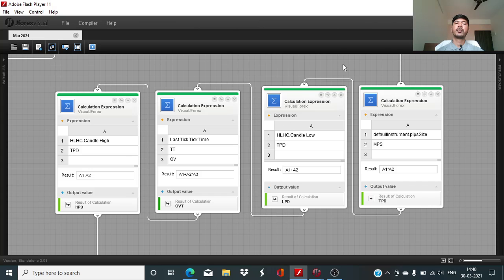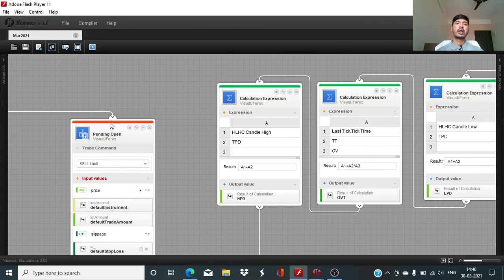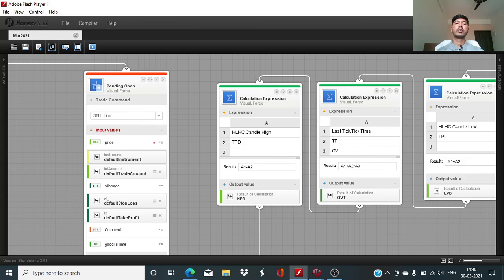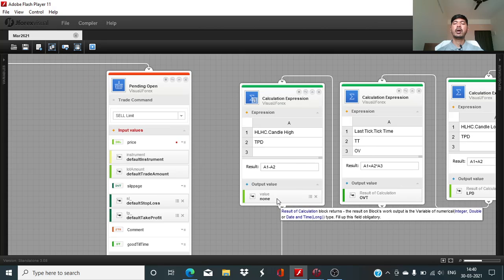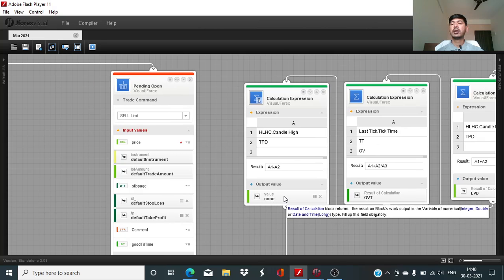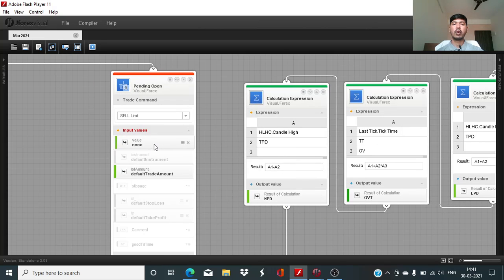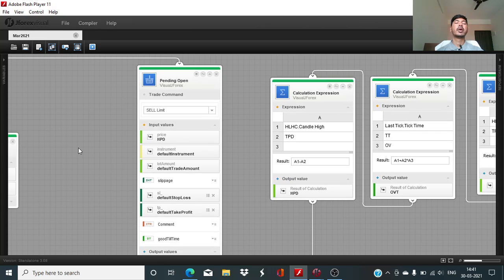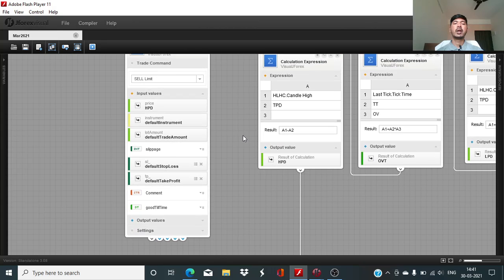And the price point for the execution of this order is going to be the point which is 10 pips below the highest point. So this is going to be the price where the order will be placed for the sale.